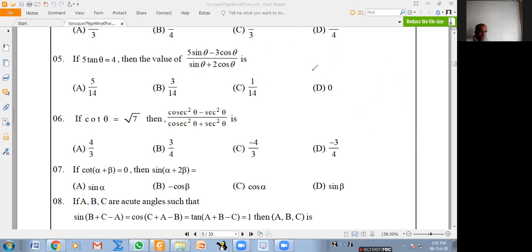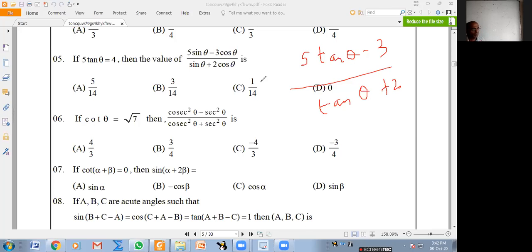When I divide with cos theta all over, I will get (5 tan theta minus 3) by (tan theta plus 2). Now tan theta is 4 by 5; substitute it and simplify, and you'll get the answer. So it is not required to find sin separately and cos separately.